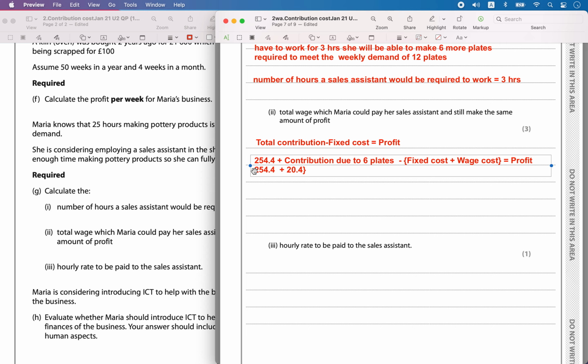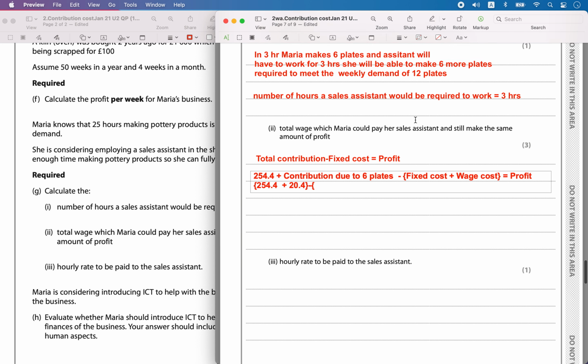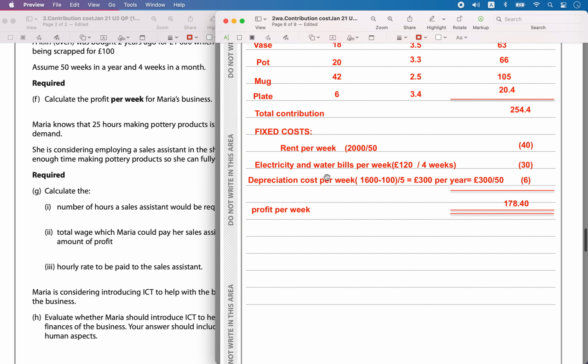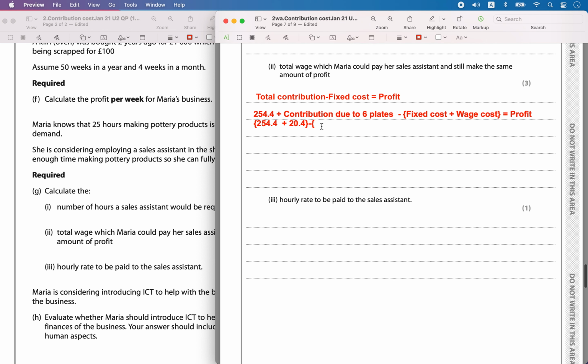So now that is the first portion change. And then when she employs the new assistant, the fixed cost is going to remain the same. That is electricity bill, rent per week, and depreciation cost. That is 40 plus 30 plus 6. That is equal to 76 pounds, going to remain just like that. 76 pounds. Okay, we have to subtract.